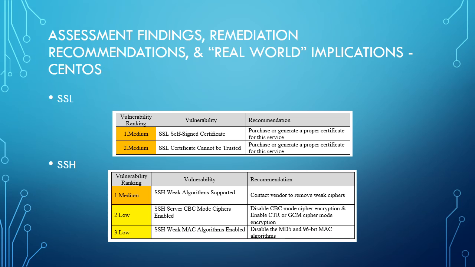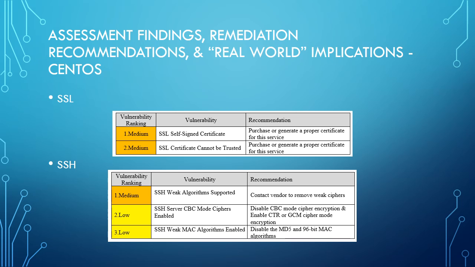For the SSH, there's 1 medium and 2 low vulnerabilities dealing with the algorithms for encryption. There were some weak algorithms enabled for SSH. This was because stronger algorithms were not enabled.